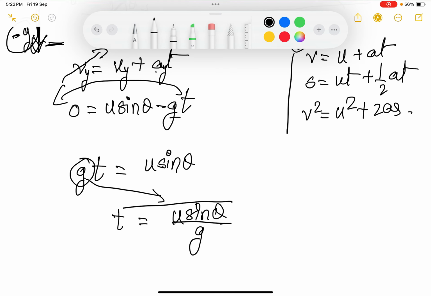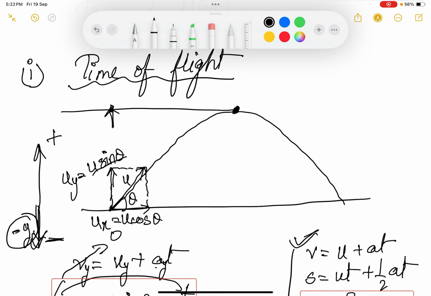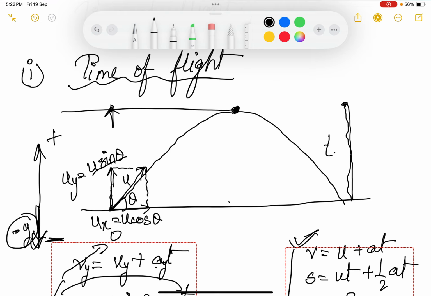This is the time when the object is going up, when the object reaches the topmost position. But the total time will be the time required for the object to go up and come down. For going up t, again going down t, means total time required is 2t.